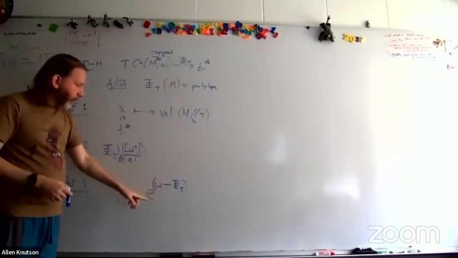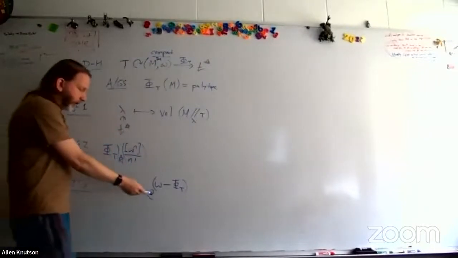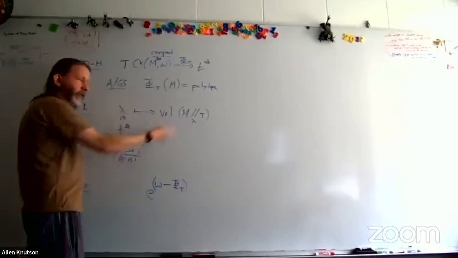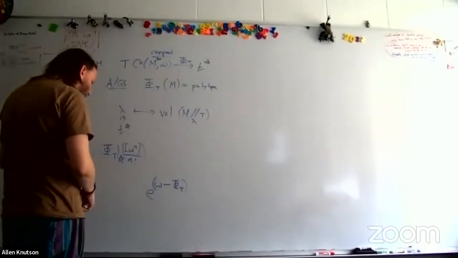So there wouldn't be any difference between exponentiating versus this, but in equivariant cohomology there is, because this is going to contribute not just in degrees up to n, but ever after. So this turns out to be much nicer.